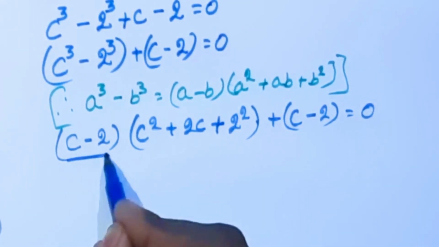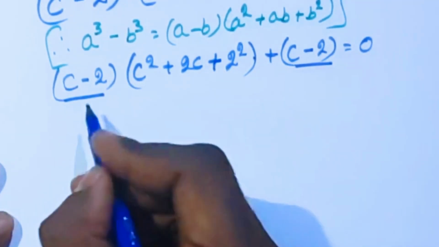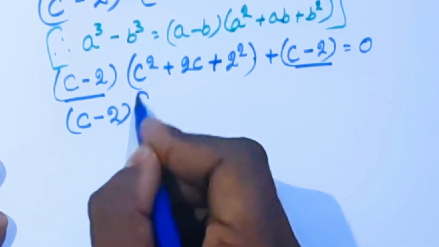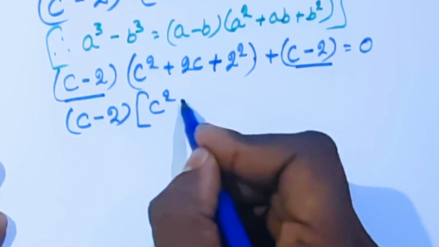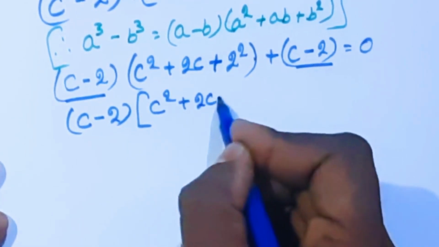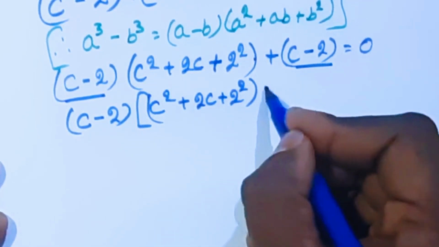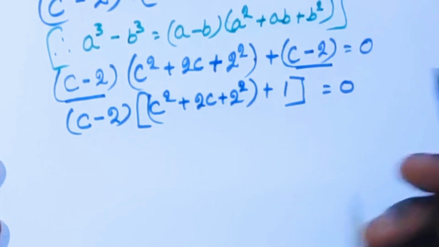Now we are going to take c minus 2 common. So here 1, c minus 2, open bracket, we have to write this 2 square plus here 1 equal to 0.